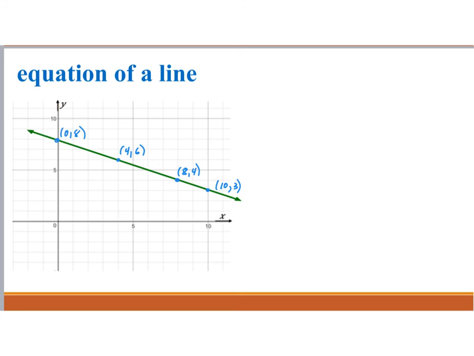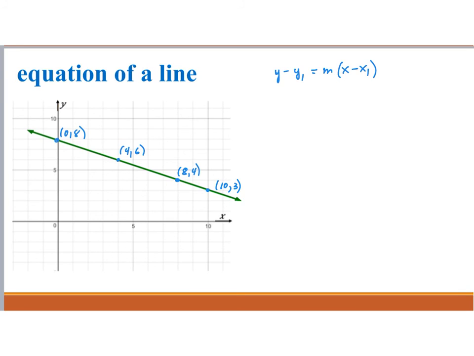Another form that is commonly used is the point-slope form, which goes y minus y sub 1 is equal to m times x minus x sub 1. Let's find the equation of this same line that we used earlier using this form.